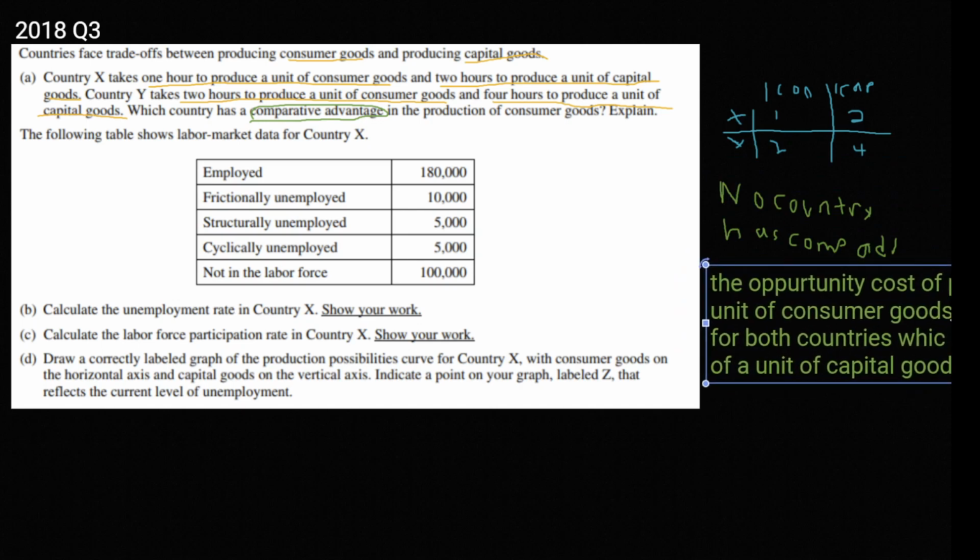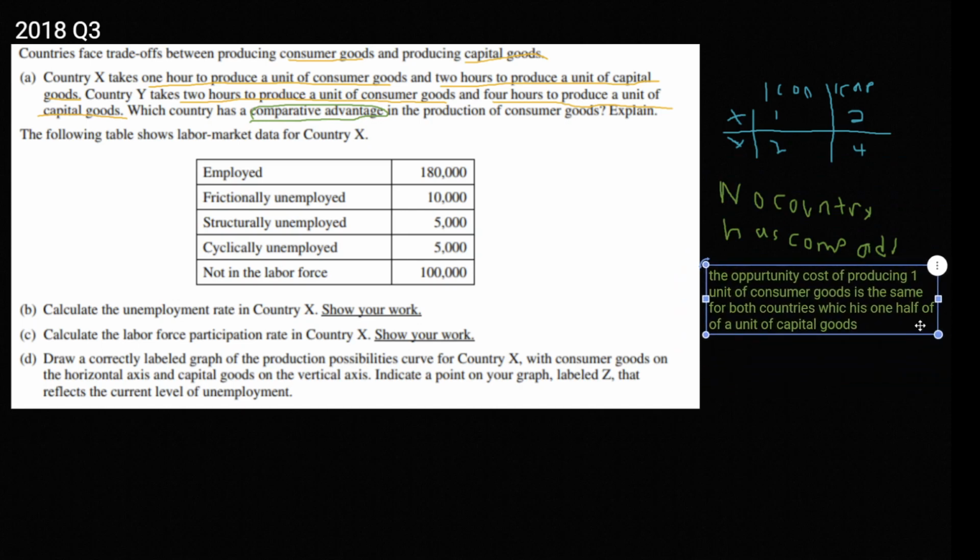Kind of a long explanation, but I think it gets the point across there.